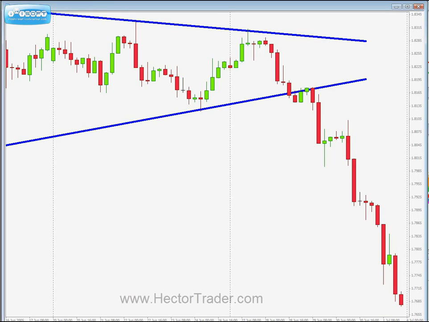In this case, the short entry would have been triggered just as we dipped a couple of pips below the breakout thrust.